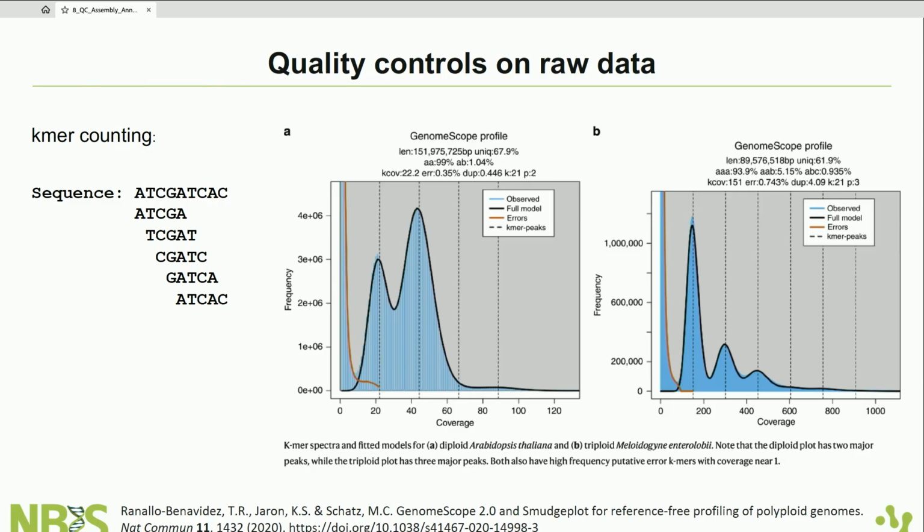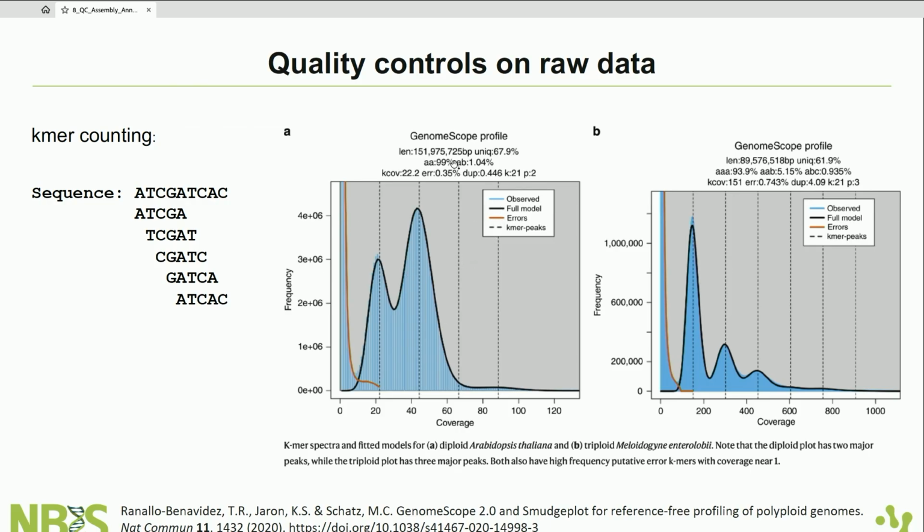And a lot of that type of analysis is based on k-mer counting. So you're essentially decomposing the sequence into shorter sequences that also are shifted one base. I'm sure many of you are familiar with the concept of k-mer. And then you can get some initial estimate of what it looks like.